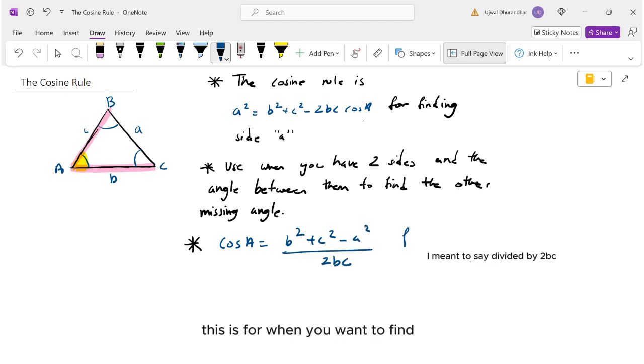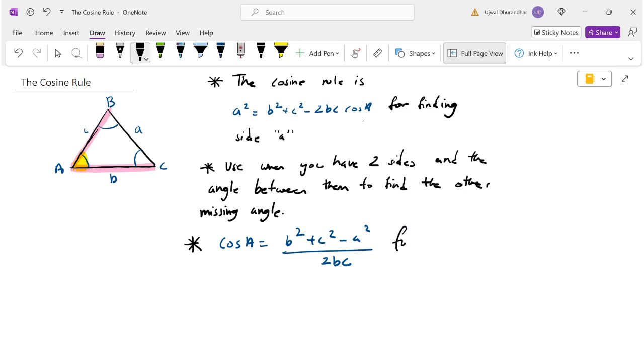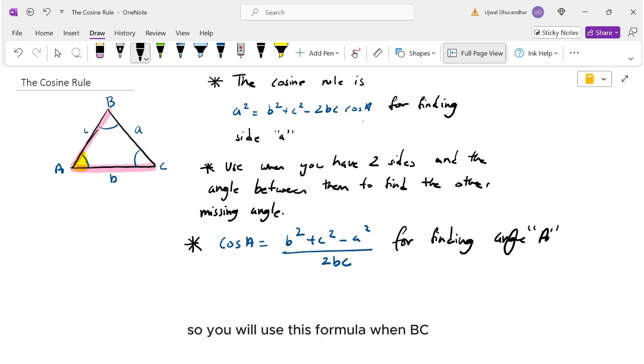This is for when you want to find angle A. So you will use this formula when sides A, B and C are given. Okay, you don't have this angle, and you have to find this. So just remember that.